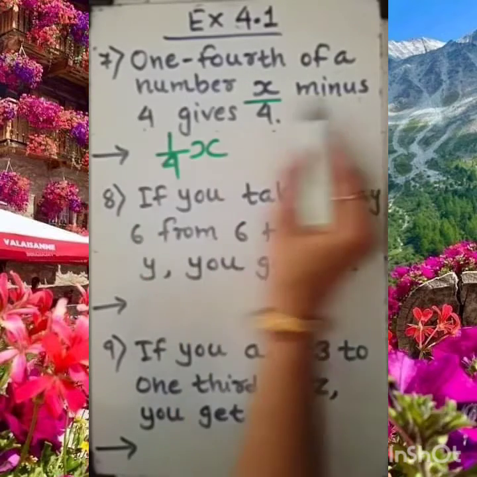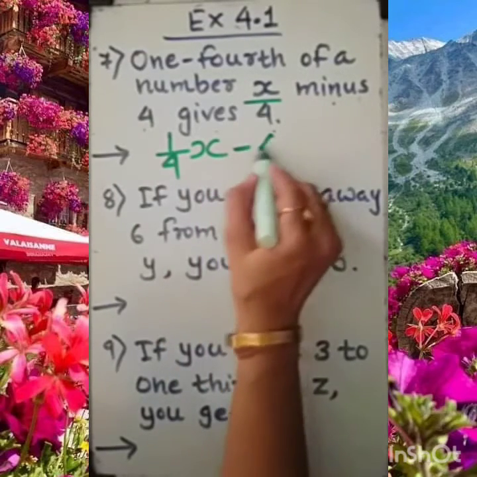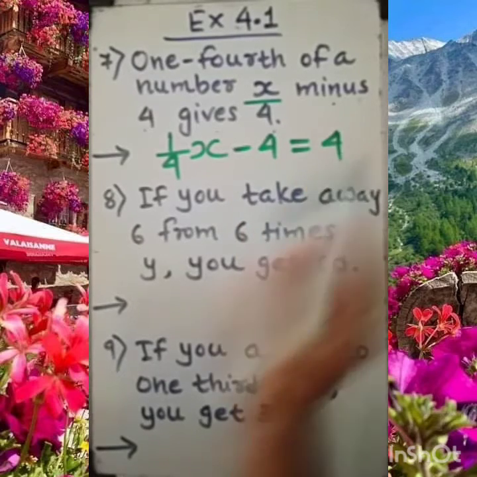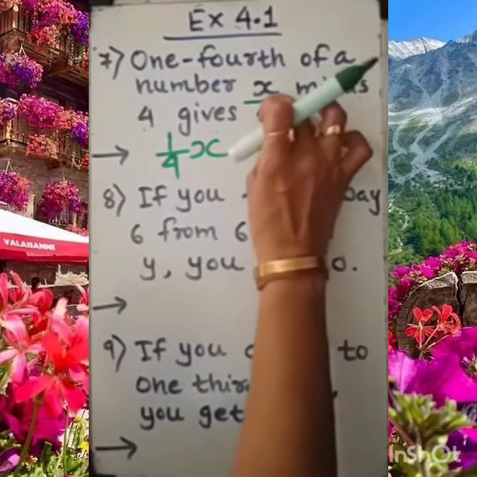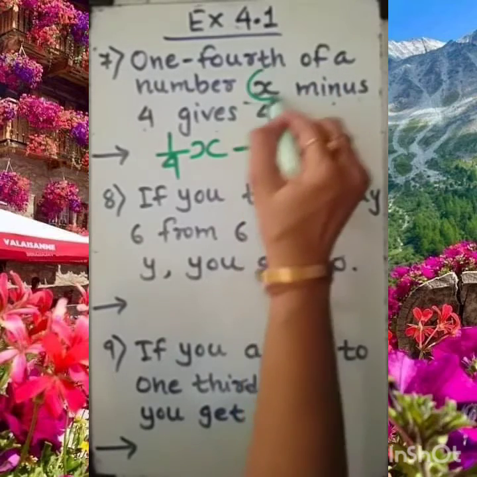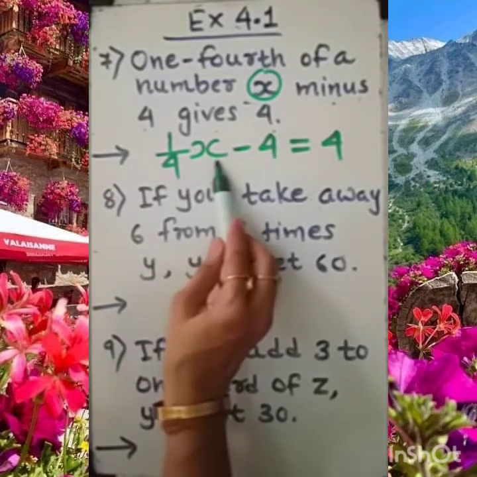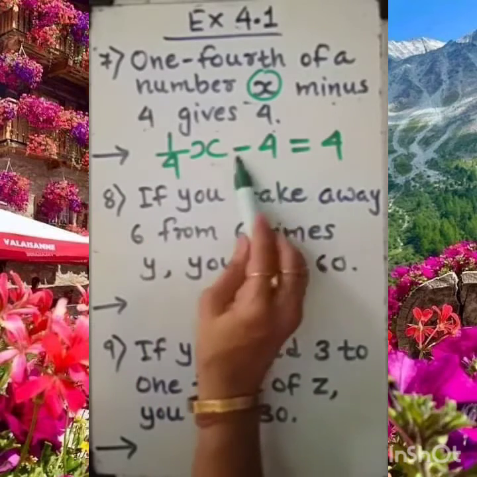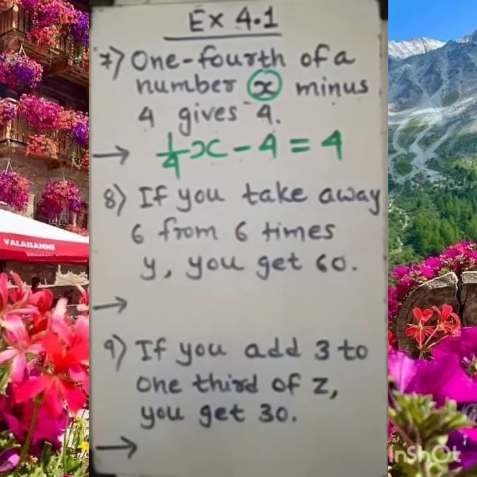Minus 4 gives the result 4. Clear to you? Here the unknown variable is x. So the equation will become 1/4 x minus 4 equal to 4.